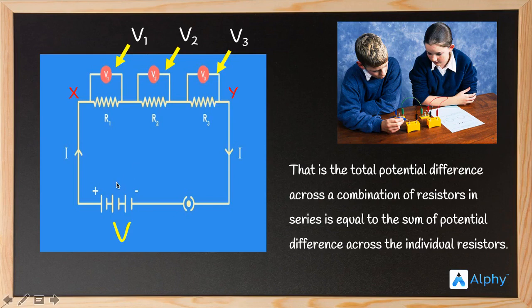That means the total potential difference capital V is equal to the sum of all these potential differences of individual resistors. That means capital V is equal to V1 plus V2 plus V3. So if you add all these three, you will get the total potential difference present in this electric circuit. So V is equal to V1 plus V2 plus V3.